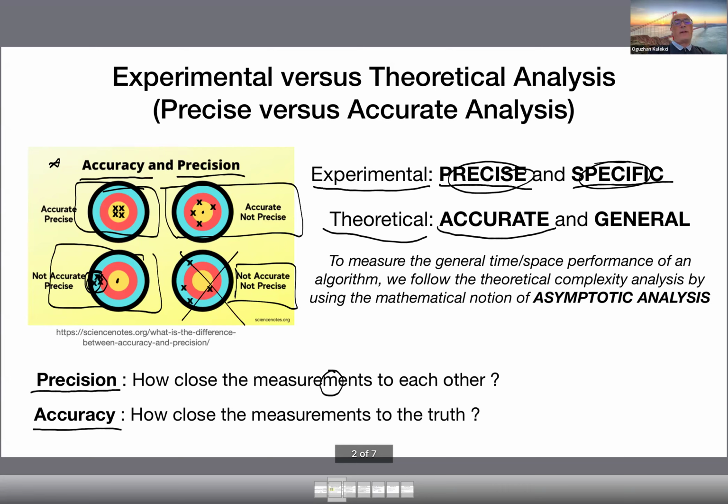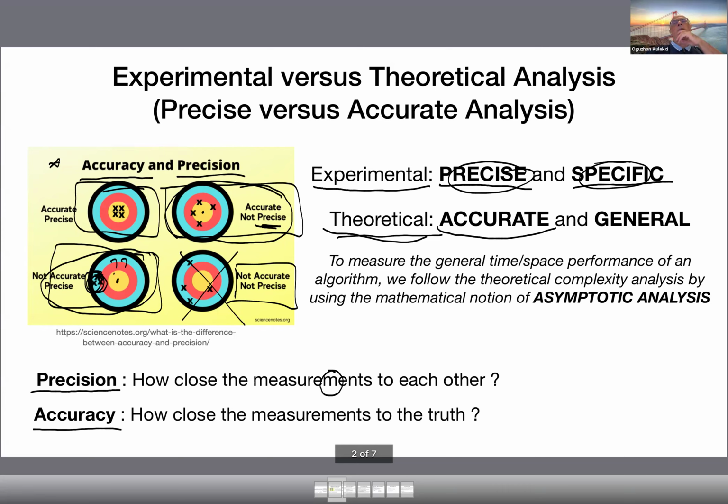So roughly, if you are making a theoretical analysis of your algorithm, you are having an accurate answer, but this will not be very precise. If you are making an experimental analysis of your algorithm, that will be very precise, but we don't know whether it is accurate or not. With the theoretical analysis, actually we do not need an implementation, we do not need a machine, and we assume a general input.